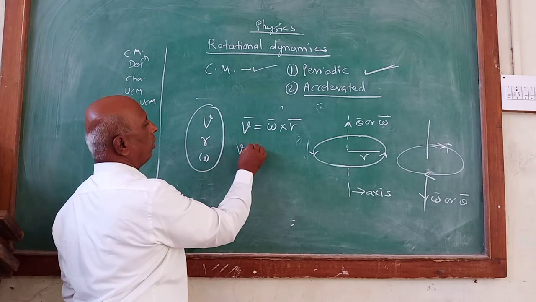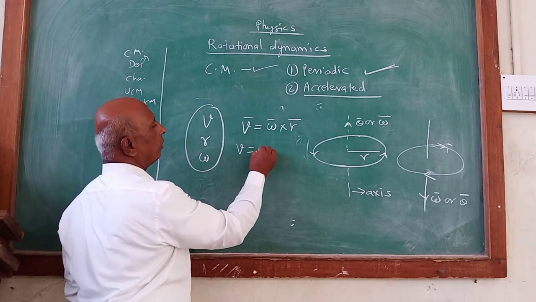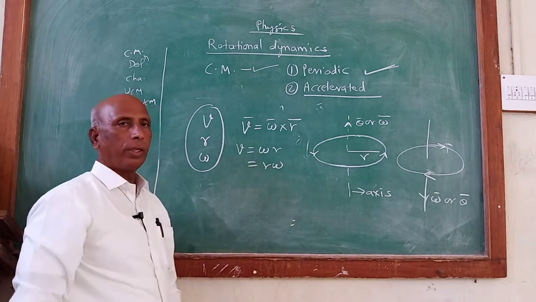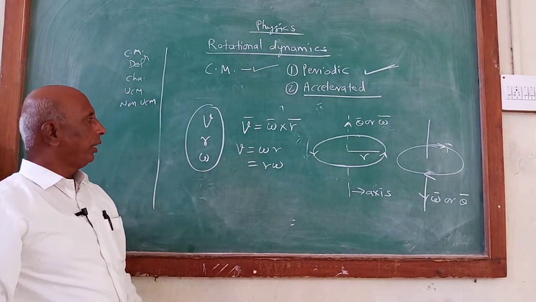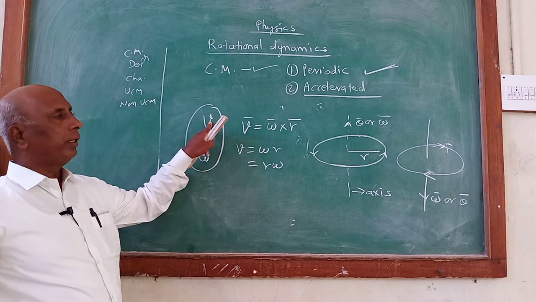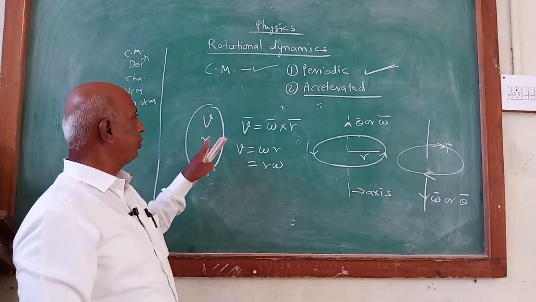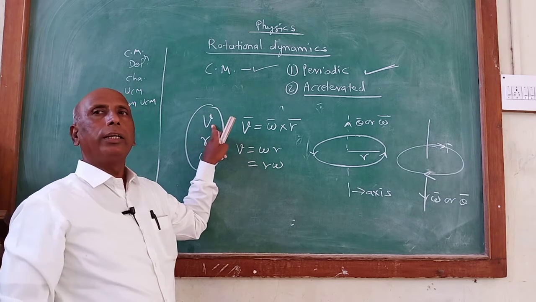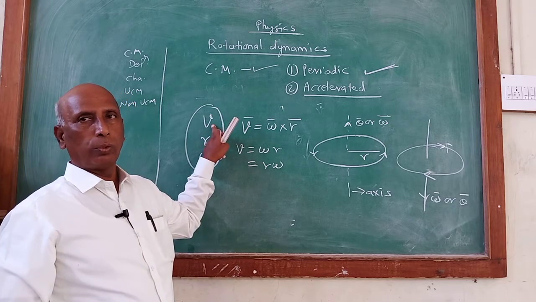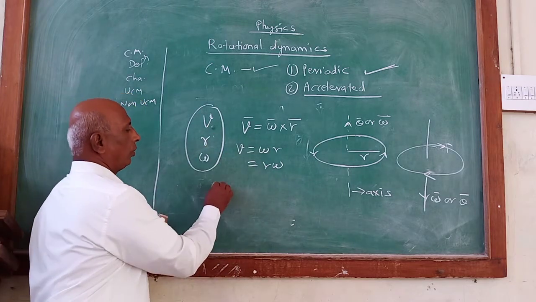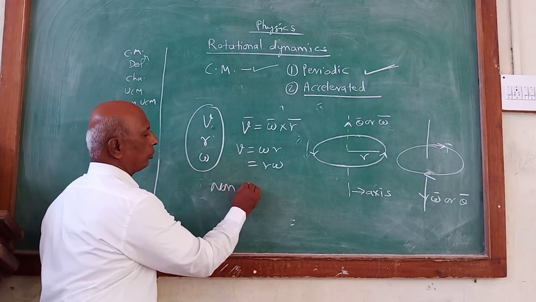In scalar form or magnitude form, v is equal to omega r or r omega. Now, if speed is constant, then motion is uniform circular motion. If speed changes, then it is non-uniform circular motion.